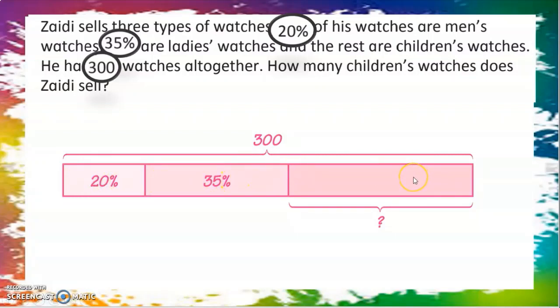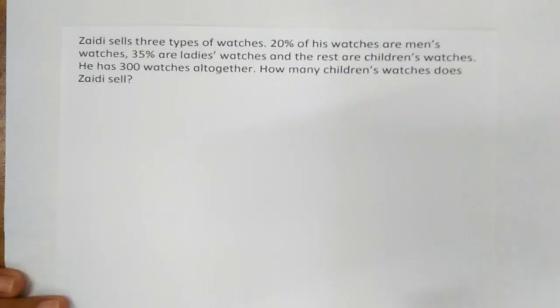So we need to find what percentage of the children's watches are there. The remaining percent out of 100%, that will be the percentage for the children's watches. So let's find first what percentage is for children's watches.